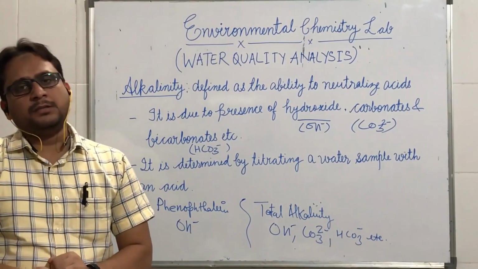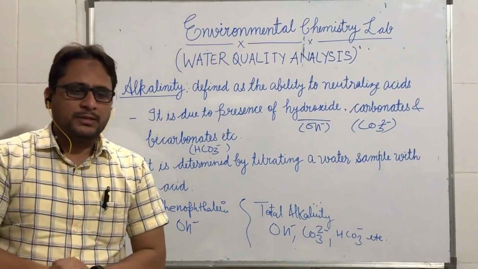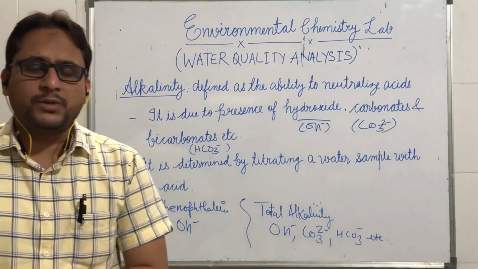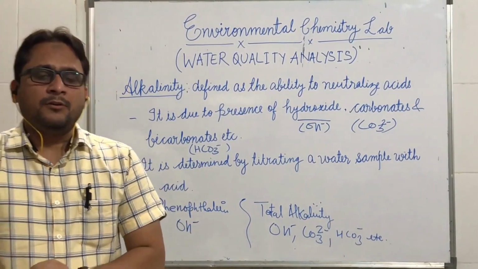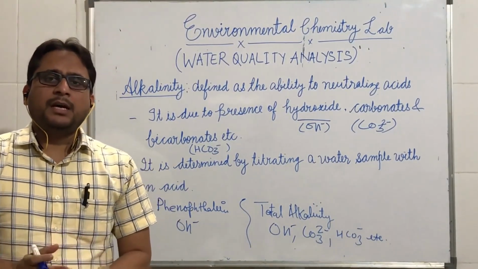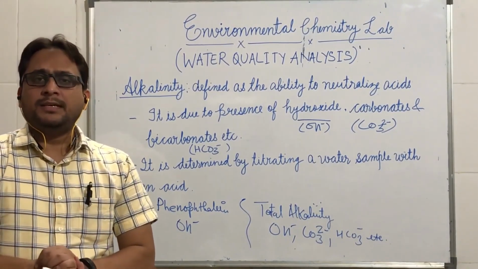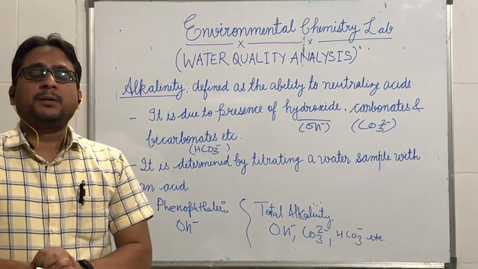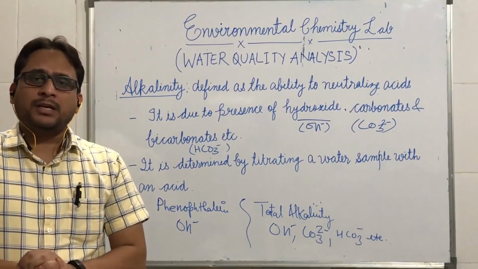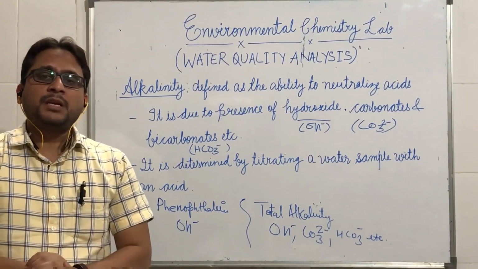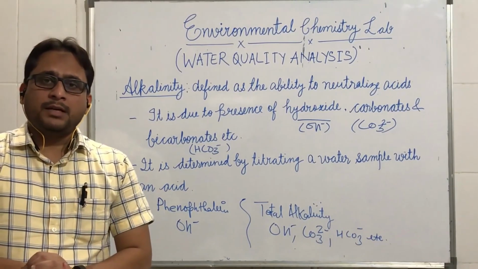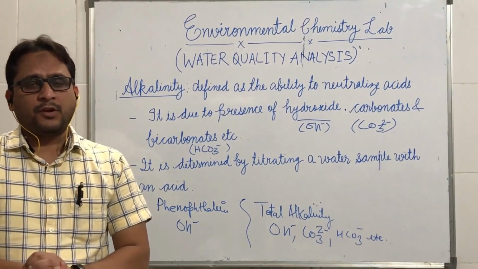It is basically a two-step process. First, we take a water sample and put a few drops of phenolphthalein. As you know, phenolphthalein is an indicator which gives pink color at pH 10. So if hydroxyl ions are there, it will turn pink immediately after adding a few drops of phenolphthalein.